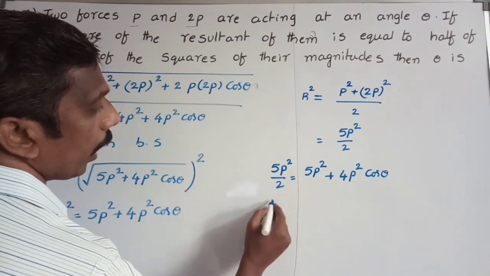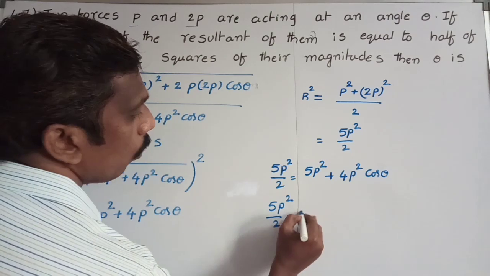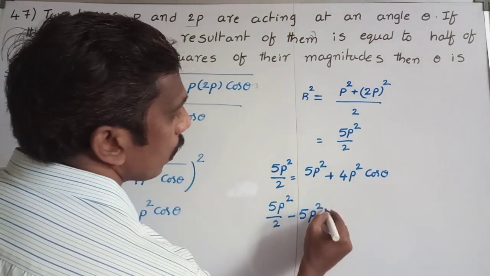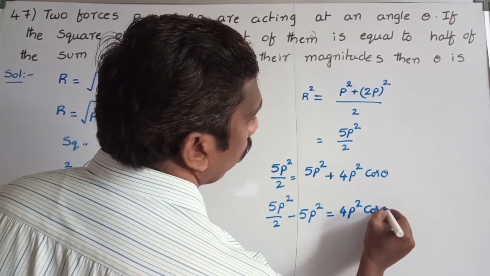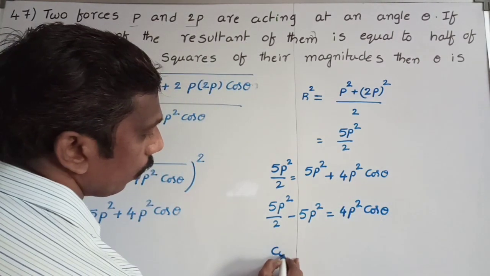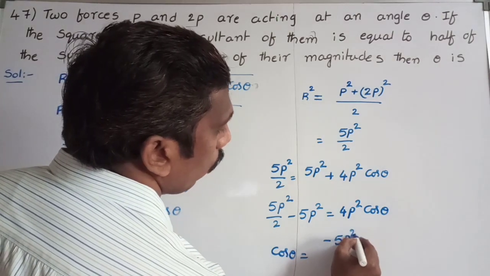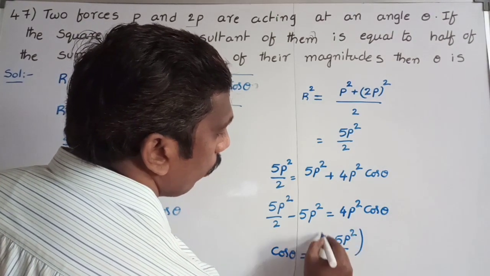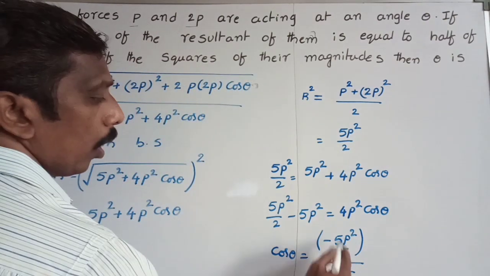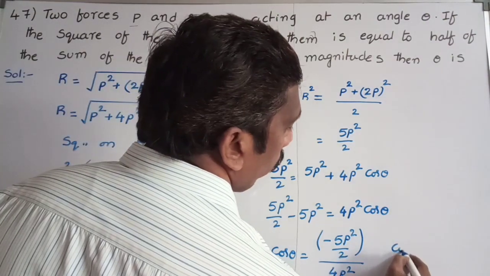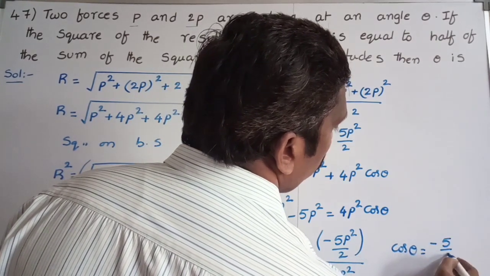Take this 5P square to this side, then we get 5P square by 2 minus 5P square is equal to 4P square cos theta. From this we can write cos theta is equal to minus 5P square by 2, whole divided by 4P square. P square gets cancelled. Finally we can write cos theta is equal to minus 5 by 8.